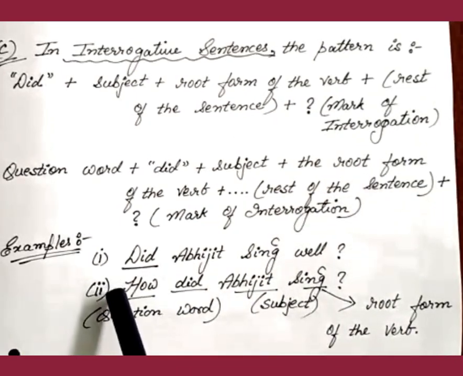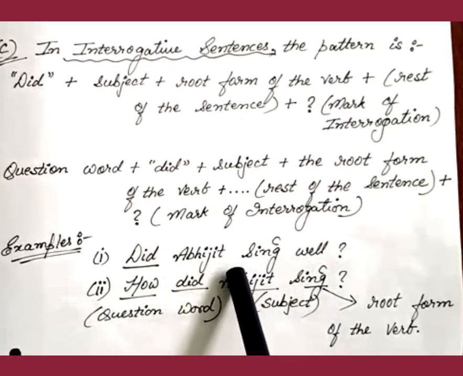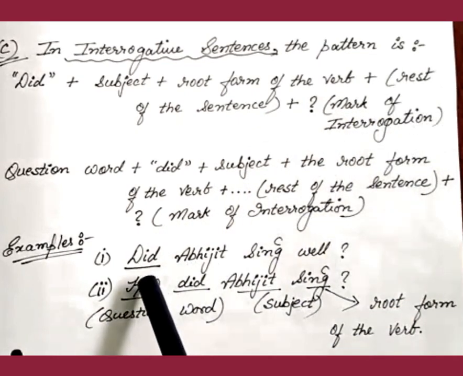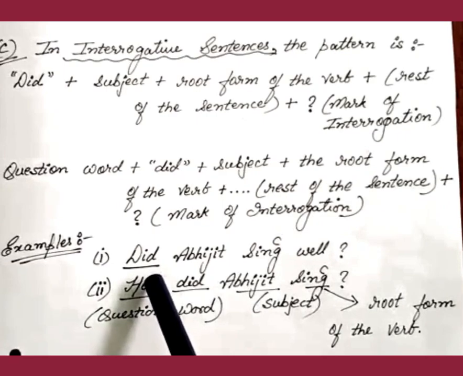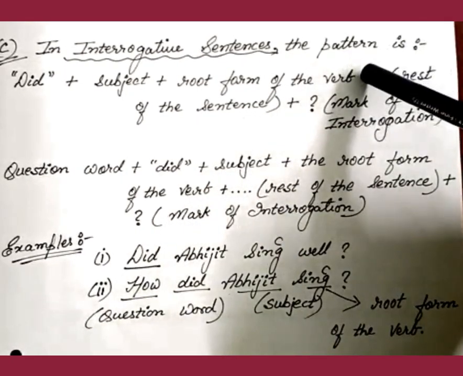The first example you see: did Abhijit sing well? This first example is related to the first pattern. How did we form this interrogative sentence? We have followed the first pattern.